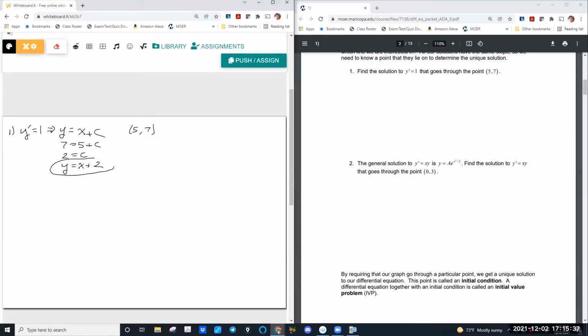This is the unique solution to this differential equation, so the solution is a function. We're used to solving equations where the solution comes out to be a number, or maybe a couple of different numbers. When we're solving differential equations, the solution is actually a function. So finding the antiderivative is finding the solution to a differential equation.